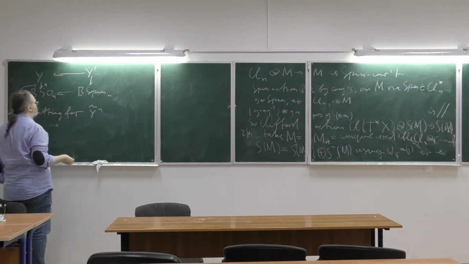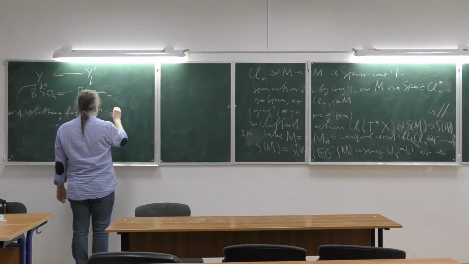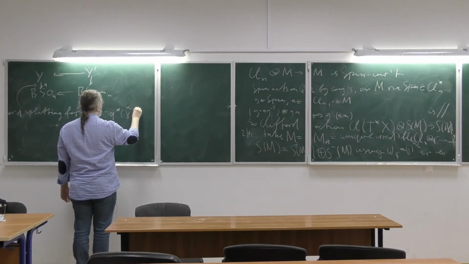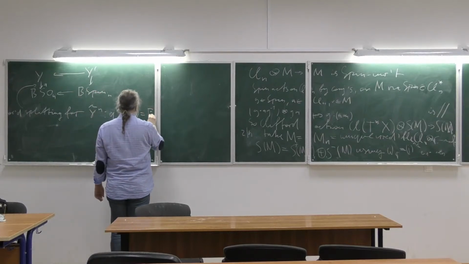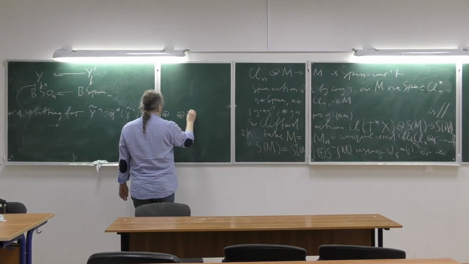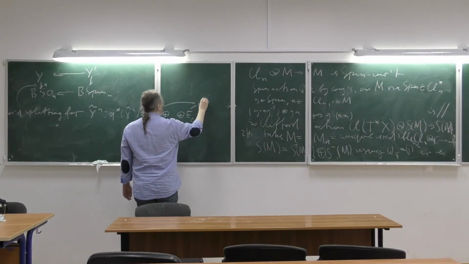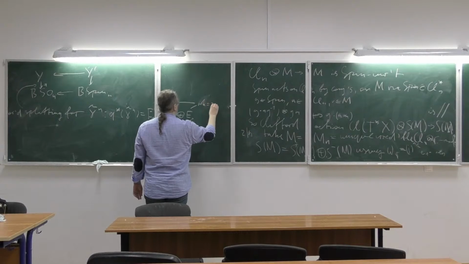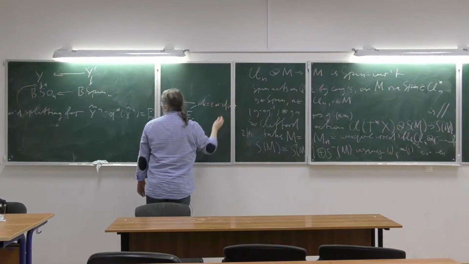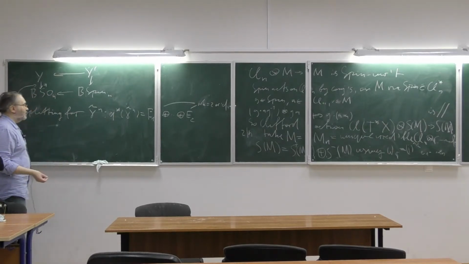Let's call this Q. These are rank 2 oriented subbundles.